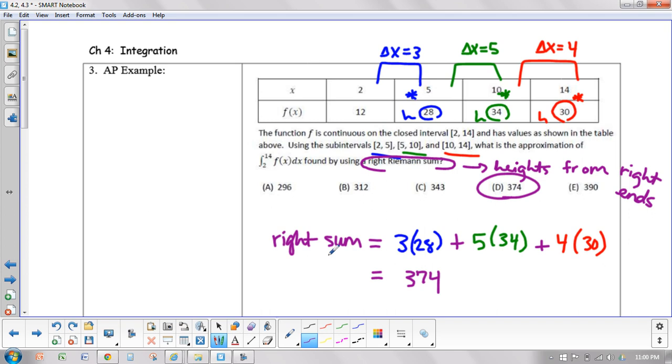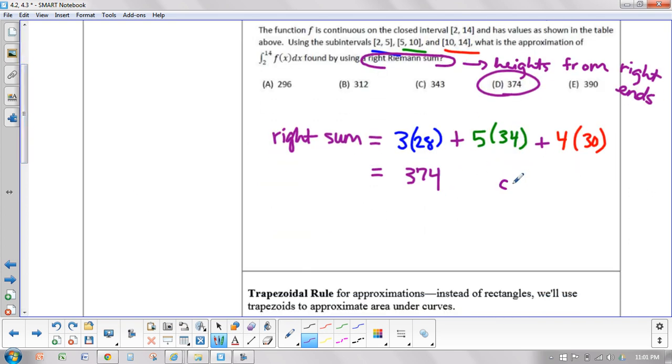So answer would be D. You can graph. You definitely don't have to. But you can graph them out and draw out what that looks like, where you would have like from 2 to 5. So say here's 2 and then here's 5.